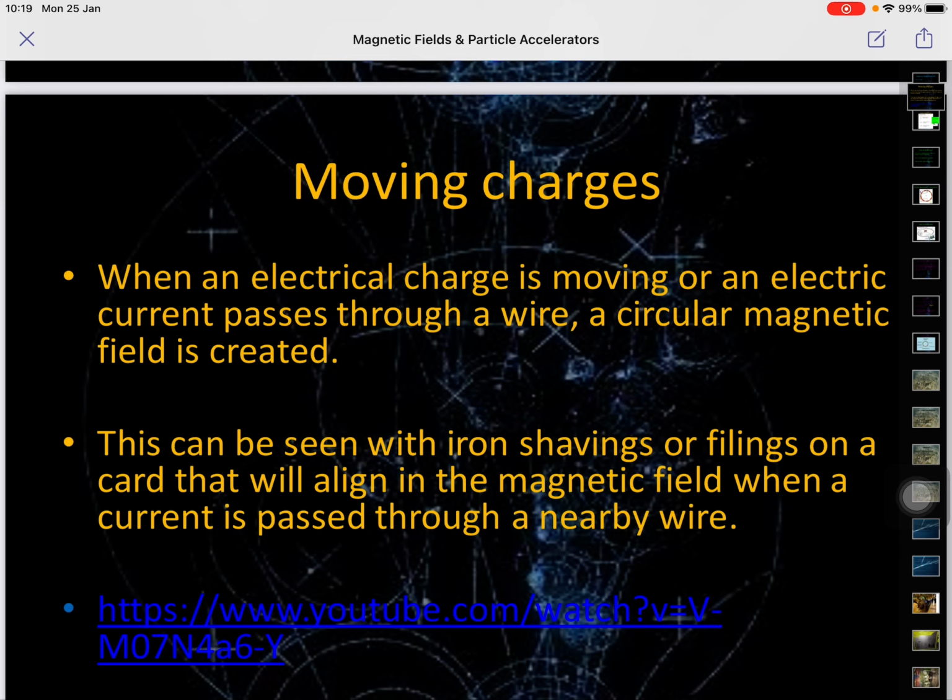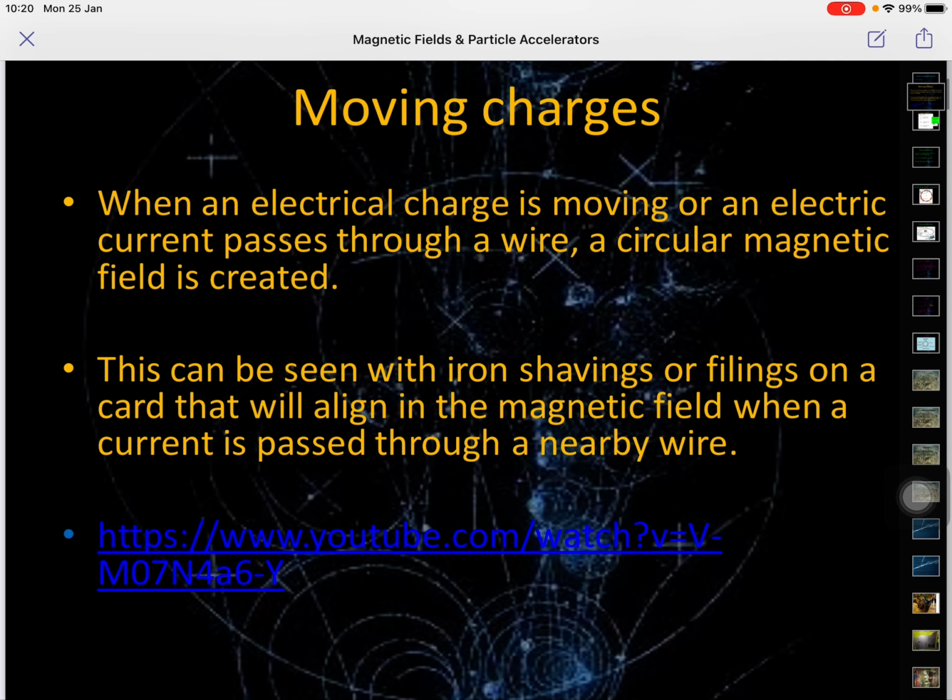So again, that hand-in-hand thing, where we have an electric field, we can also have magnetic fields. And it's the interaction of these two fields that basically allow particle accelerators to work. And we'll come on to that shortly.